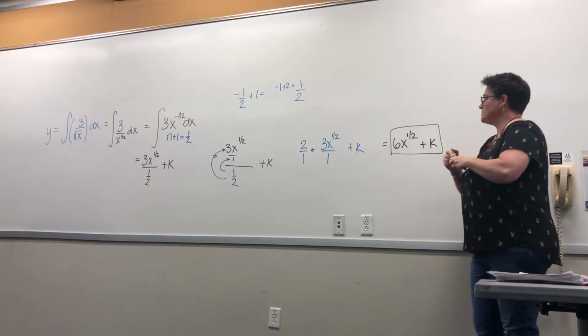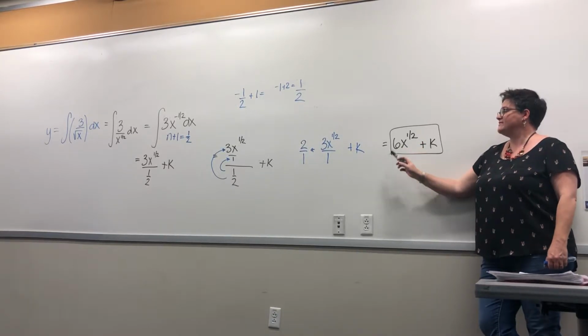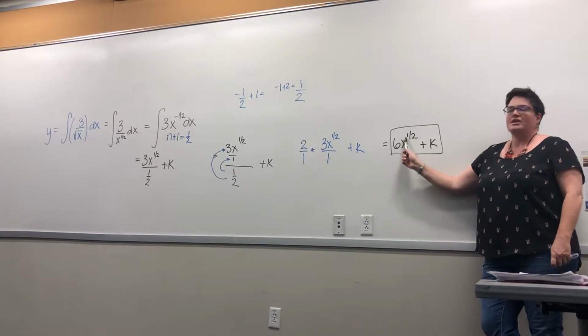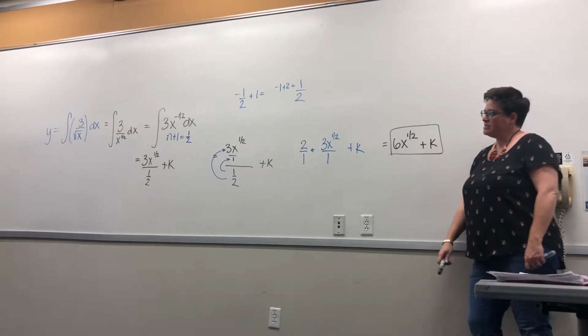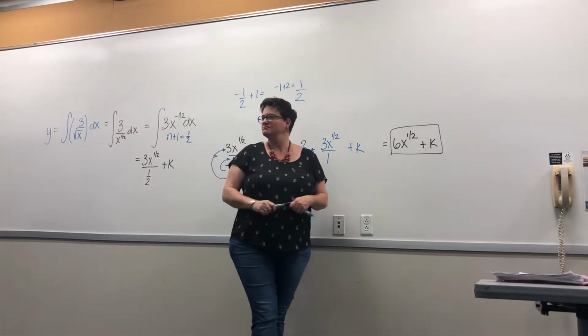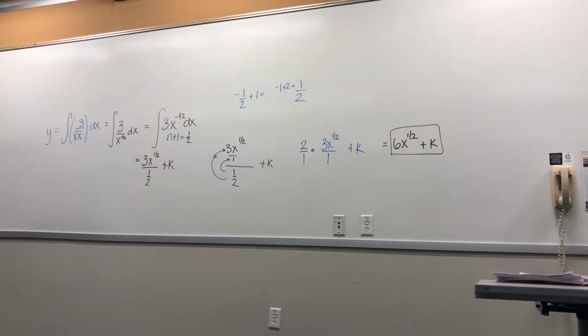How do I check my work? Take the derivative. So what's 6 divided by 2? 3x to the what? Negative 1/2. Is that where we started? Yeah. We're just going backwards, guys.